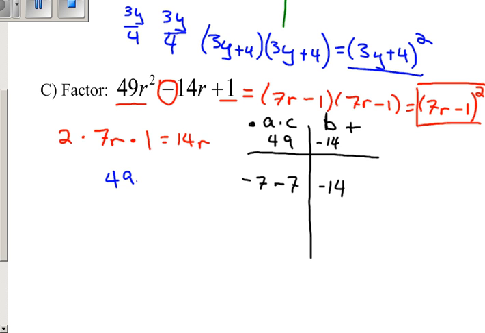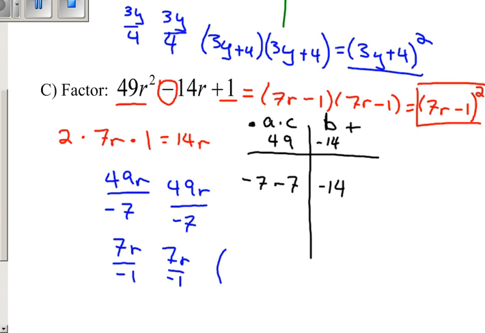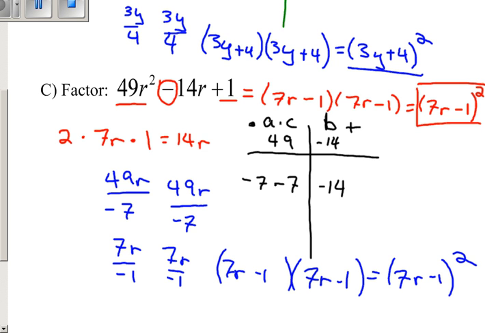California method, I want to go to my fractions next. So I do 49r over negative 7, 49r over negative 7. I reduce the first one, I get 7r over negative 1. Reduce the second one, I again get 7r over negative 1. Make these into my factors. This is 7r minus 1 times 7r minus 1, which of course is 7r minus 1 quantity squared.